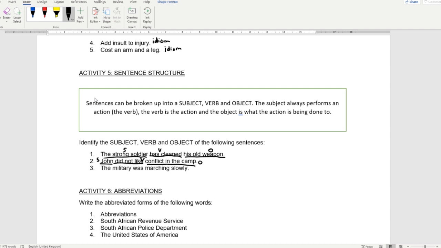So was marching is an action, and how are they marching? Slowly. So that just adds to my verb. So this is all verb. The military are the people who are marching, so they are the subject. And then we'll see there is no object. So no object is included here.